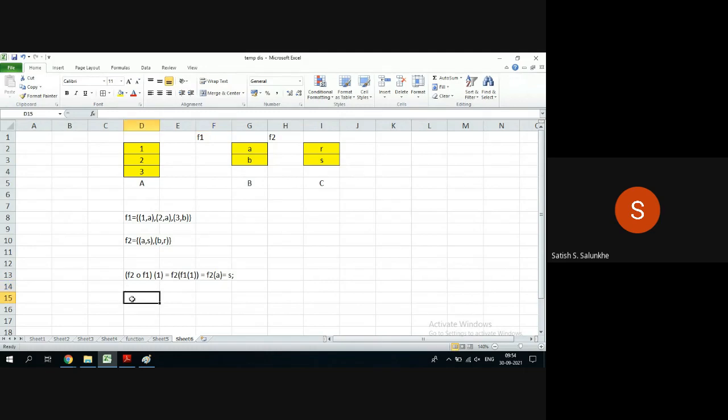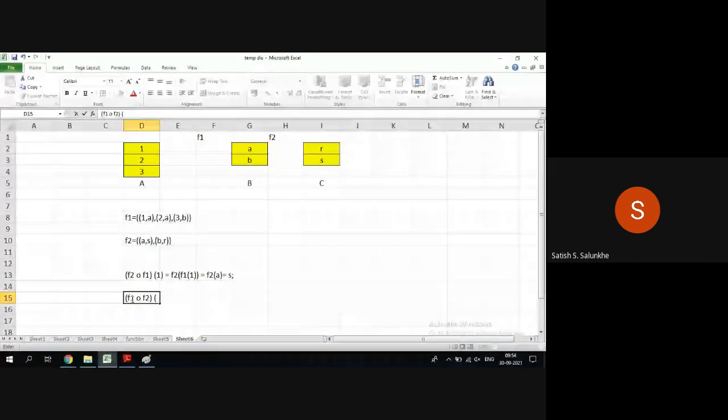So we need to check what f1 composition f2 is. For this composition function, the input argument should be given from which set? This composition f1 composition f2 is basically from which set to which set?